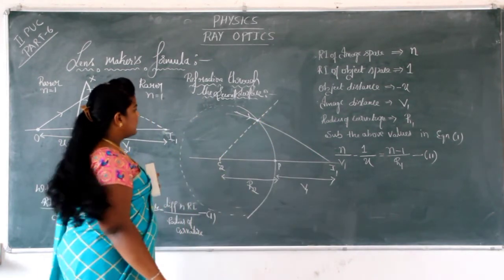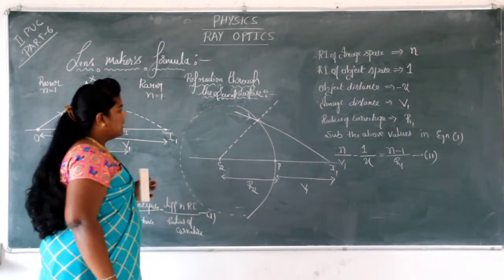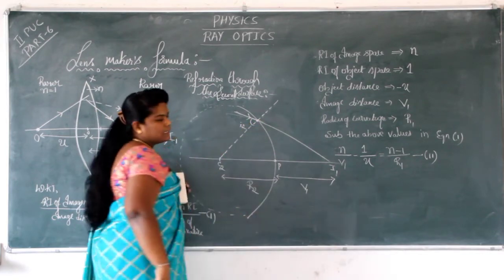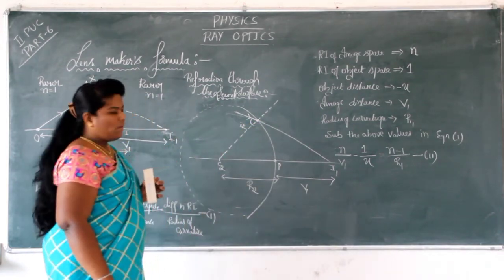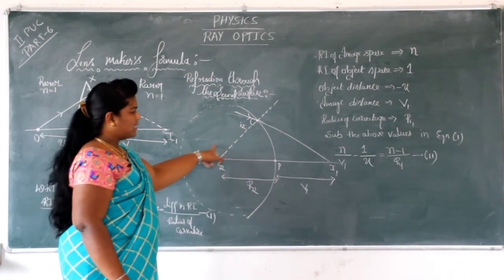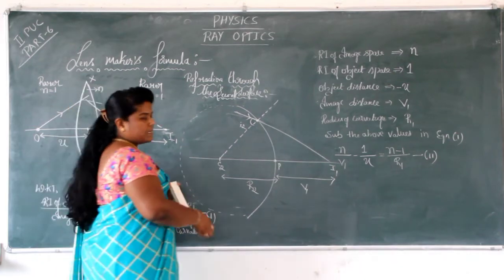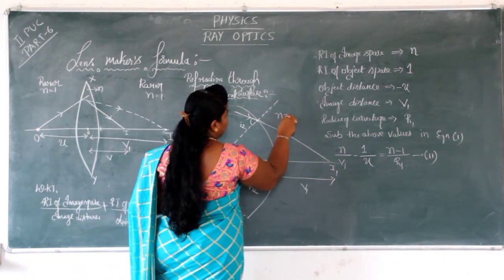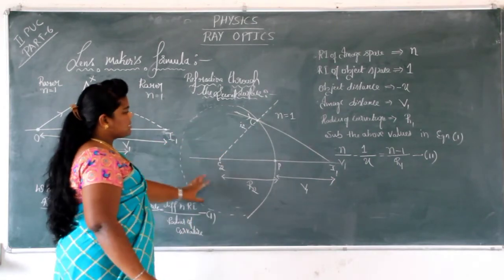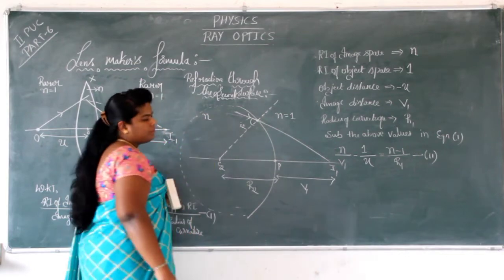See my dear students, it is going to be incident with an angle of incidence that is said to be I2, right? Now it is going to undergo refraction, whereas the light ray is traveling from denser medium to rarer medium. This medium is the rarer medium with a refractive index n equal to 1, whereas this medium is the glass medium with a refractive index n.